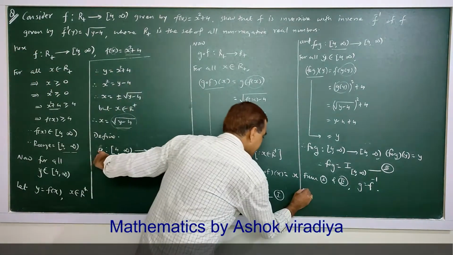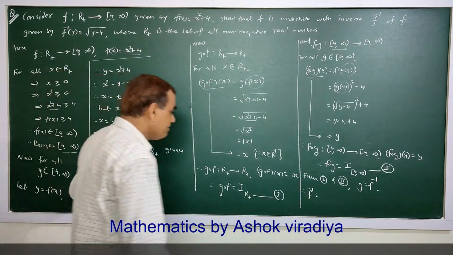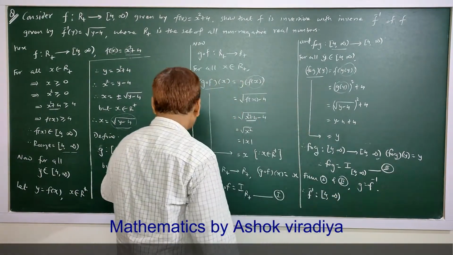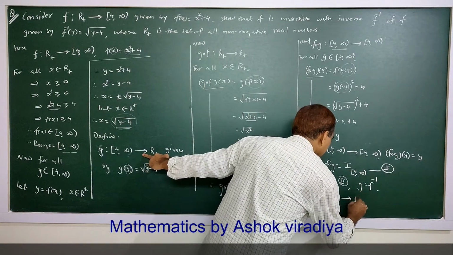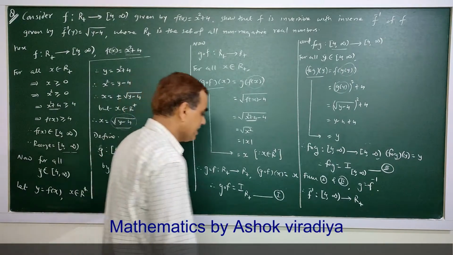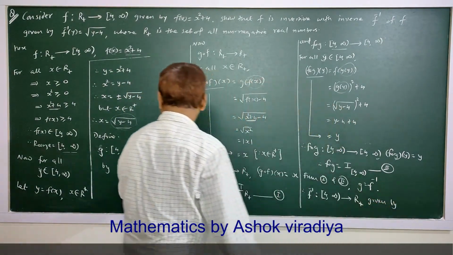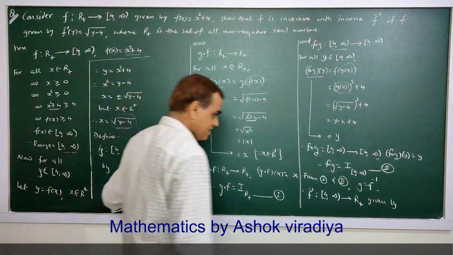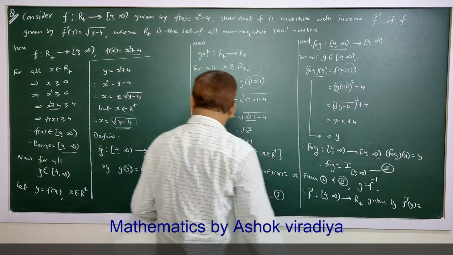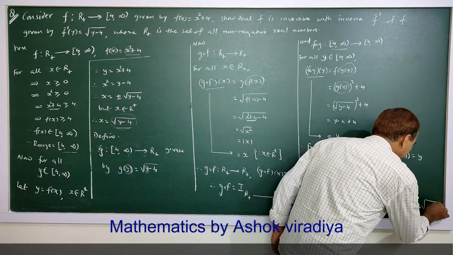So f inverse is a function from 4 to infinity to R plus given by f inverse(y) equals the square root of y minus 4.